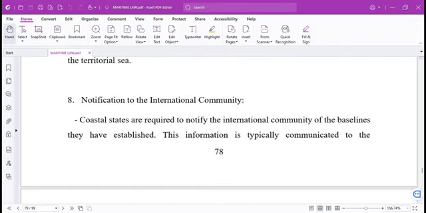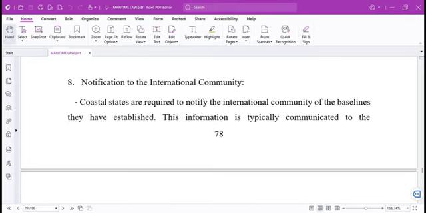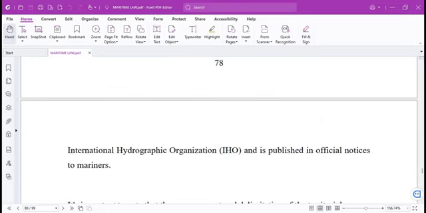They are required to inform and provide details and updates. This information is typically communicated to the International Hydrographic Organization (IHO) and of course is published in official notices to mariners.